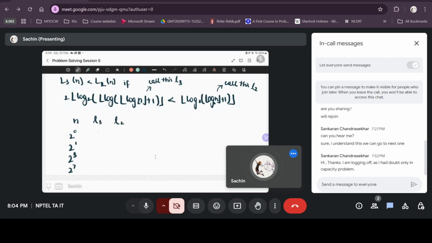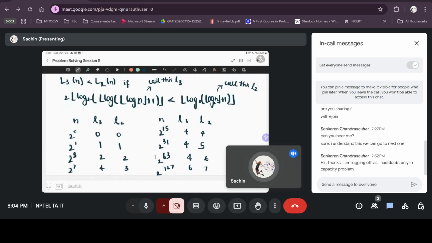And L3 is 0 here, 1, 1, then 4445, 4667.